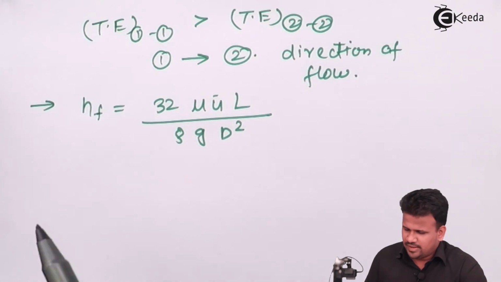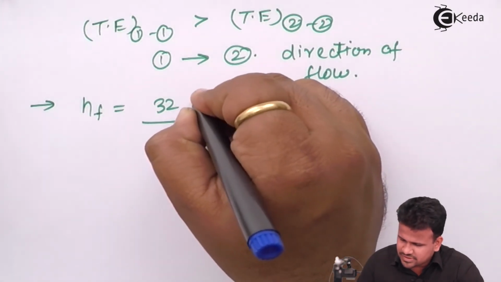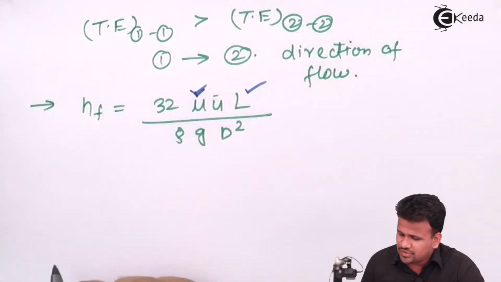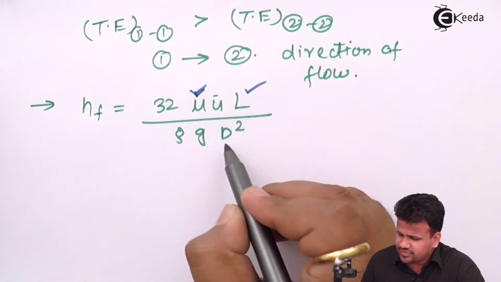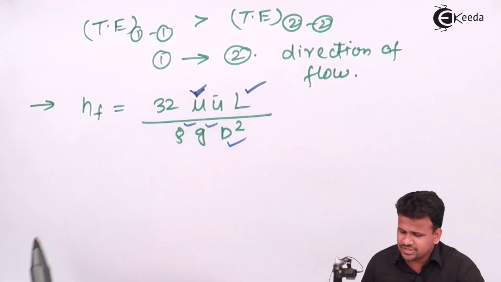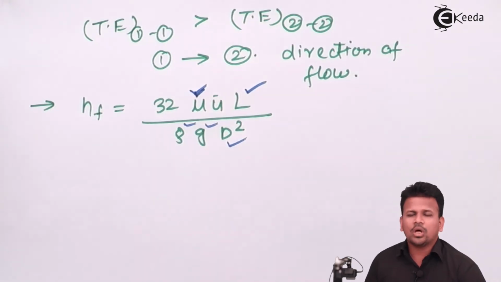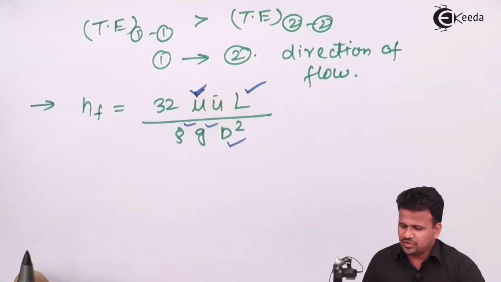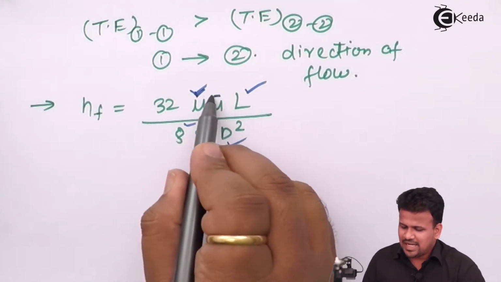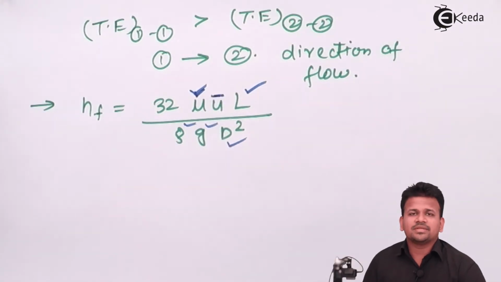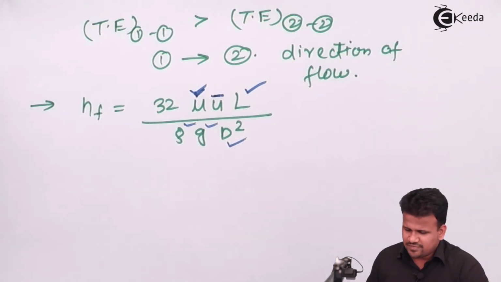We know the value of viscosity, the length of the pipe, the diameter, rho and g, all are known except the value of u bar. That can be evaluated by calculating the difference in the head. So let us evaluate this.